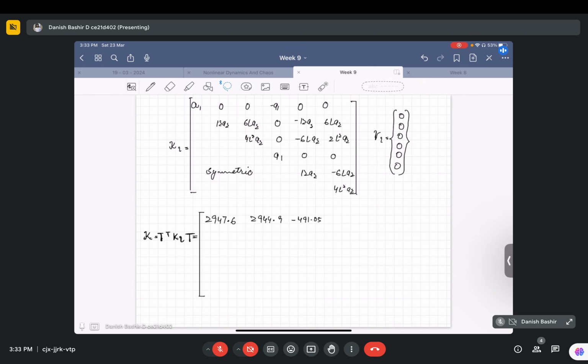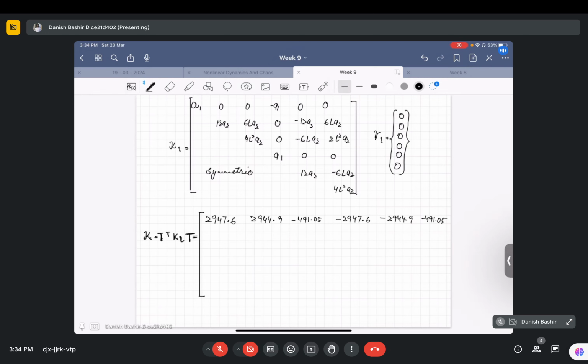Then minus 2947.6, minus 2944.9, and the last one is minus 491.05.